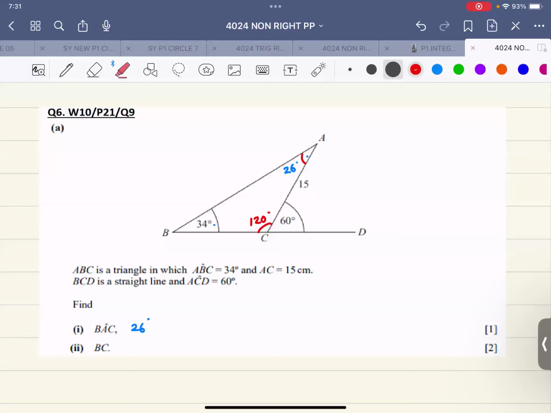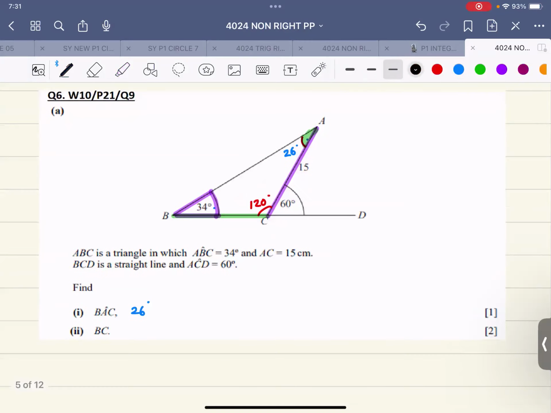Now, in order to find BC, let me draw this line BC. This is opposite to this angle over here. And then this length 15, this is opposite to this angle, which is 34. So let me write it out.